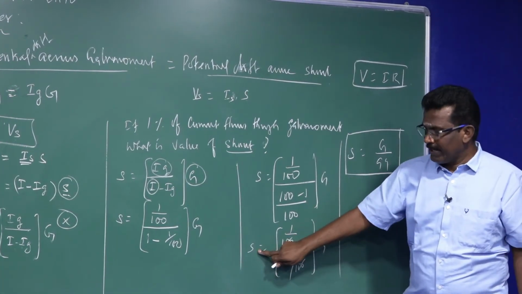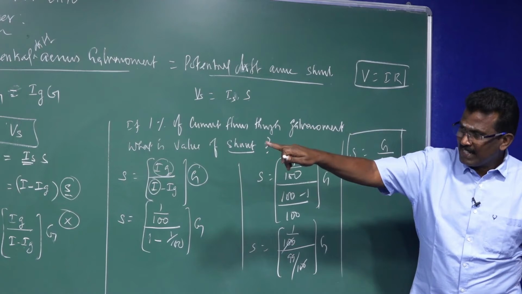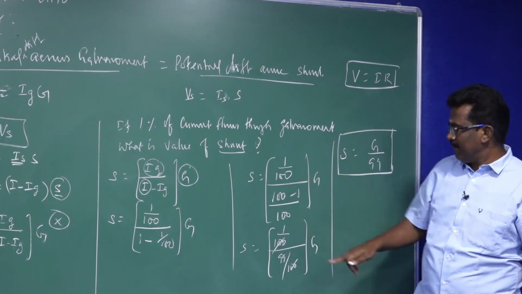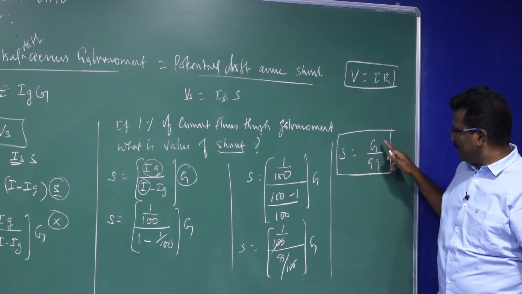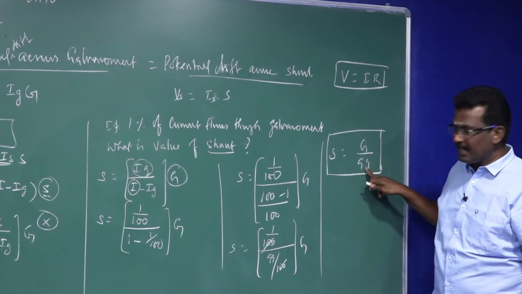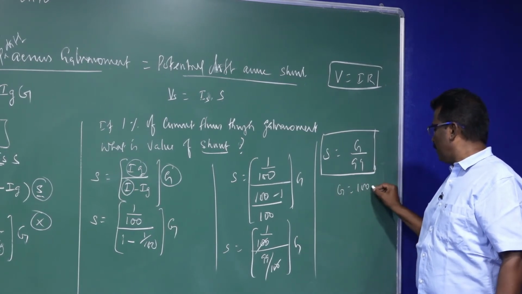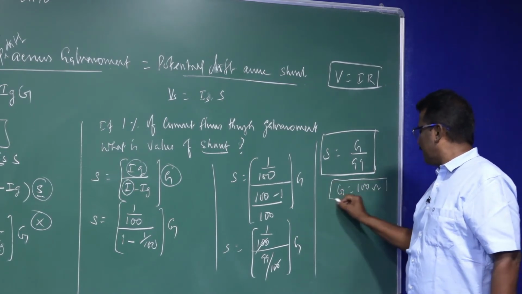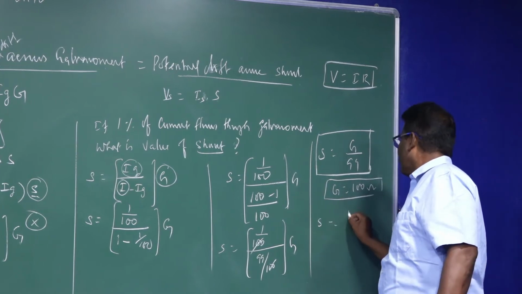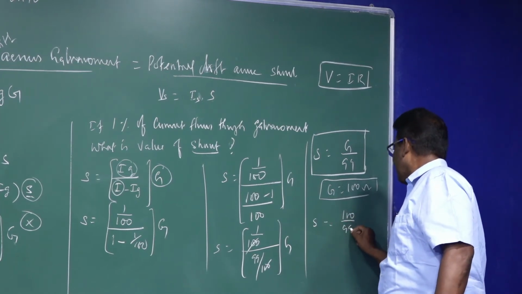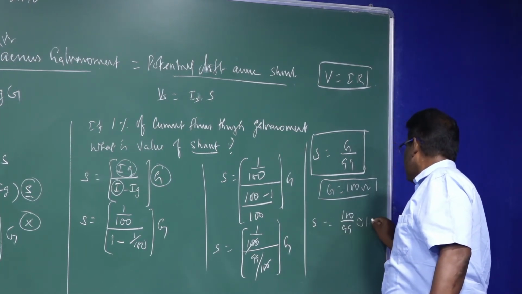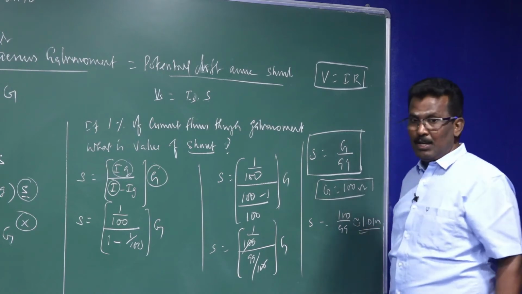If only 1% current flows through the Galvanometer, the S value is G by 99. Suppose G is equal to 100 ohm, the resistance of the Galvanometer is 100 ohm. So S is equal to 100 by 99, approximately 1.01 ohm.